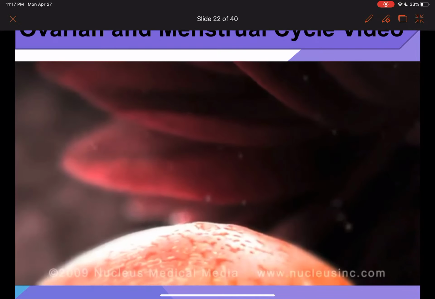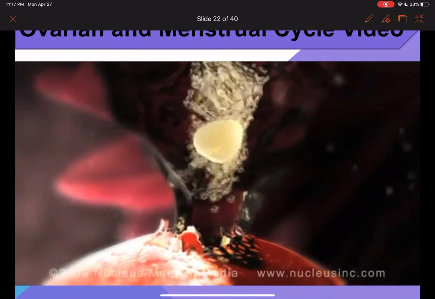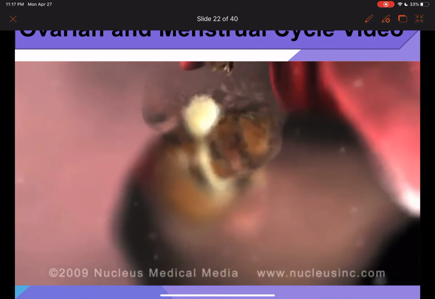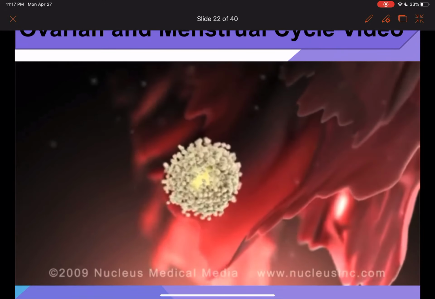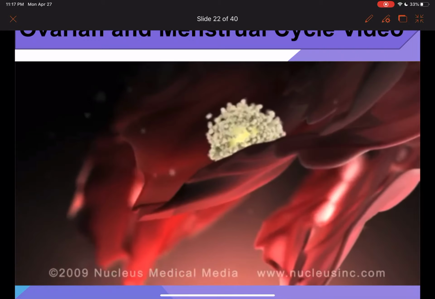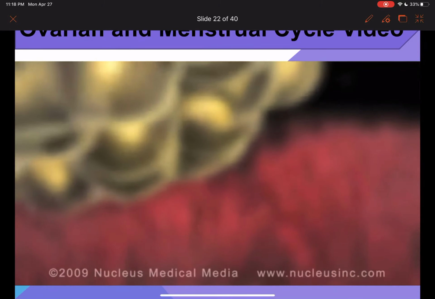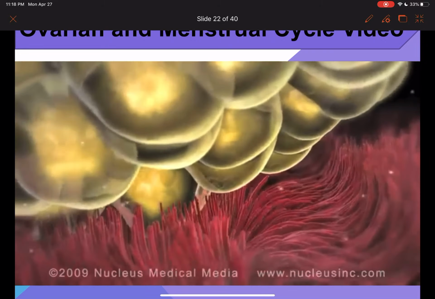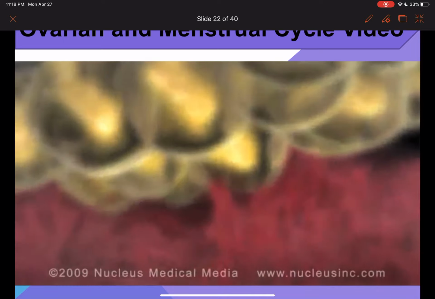The follicle swells until it bursts open, ejecting the egg and fluid from the follicle into the abdominal cavity. In response, the fimbriae, tiny projections at the end of the fallopian tube, sweep across the ovulation site and pick up the egg. Microscopic cilia on the fimbriae's surface transport the egg to the entrance of the fallopian tube.